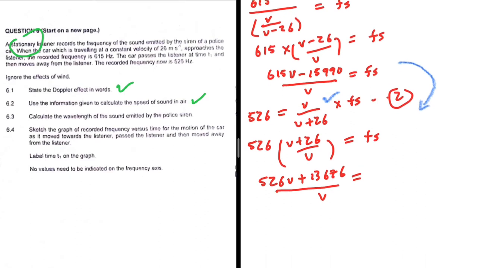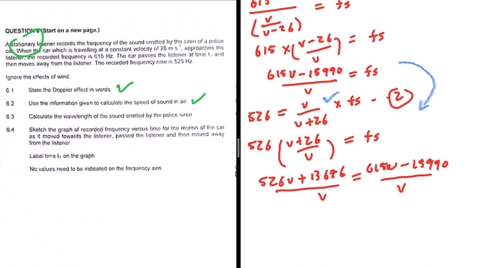Now, in place of Fs, we're going to substitute what we have here, right? So in place of Fs, we substitute 615V minus 15,990, everything divided by V. I think we're getting somewhere.